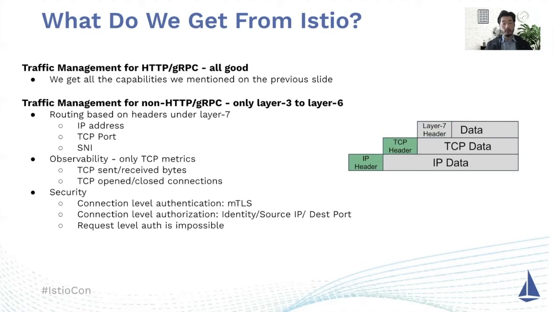And we can only get TCP level metrics such as TCP sent and received bytes, or opened and closed connections. In terms of security, we can do connection level authentication and authorization, but request level authorization is impossible. In other words, we still need to handle these common concerns, request routing, observability, security, in the application code, because Istio can't understand and operate at layer 7 for those protocols.